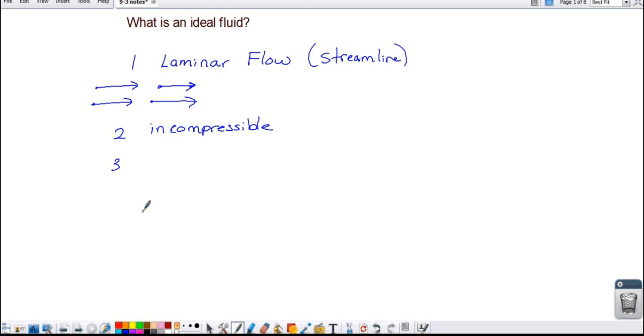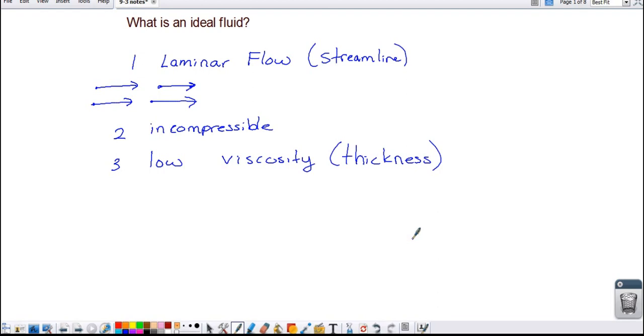And the third thing it needs to have is low viscosity. That is like the thickness of the fluid. So it needs to be not so thick. In reality, when it's thick, there's a lot of resistance and a lot of internal friction.